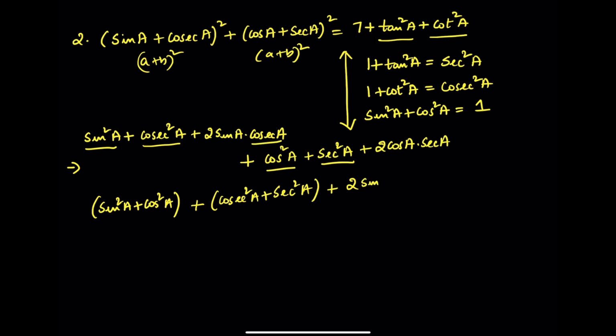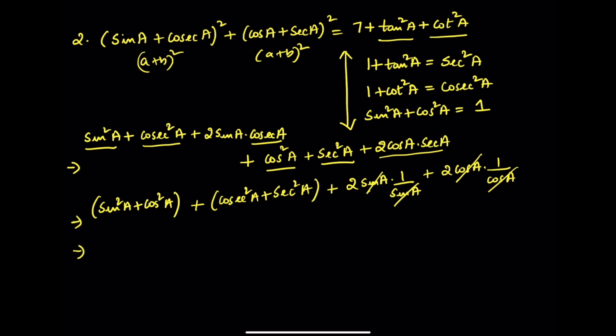Then we can change cosec A to 1 by sin A. So this will be 2 times sin A times 1 by sin A, plus, now we'll solve for this one, 2 times cos A times 1 by cos A. So we can cancel the cos and the sine values. Now let's apply the trigonometric identities here.